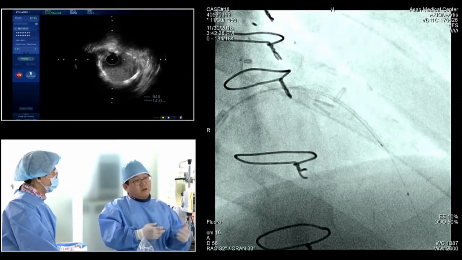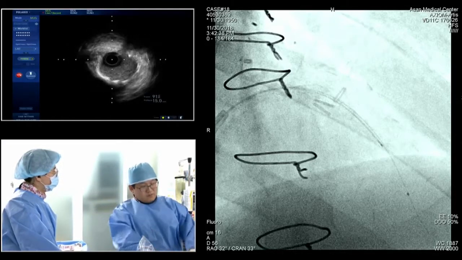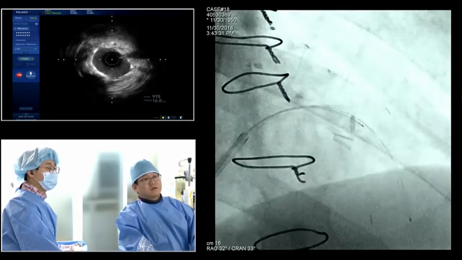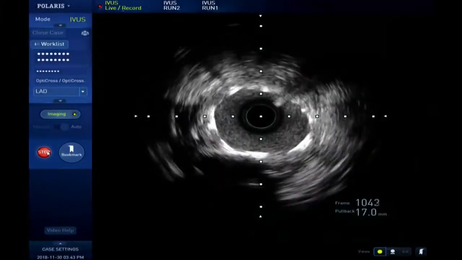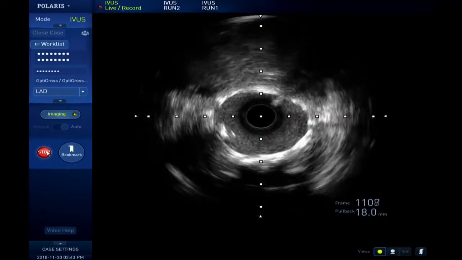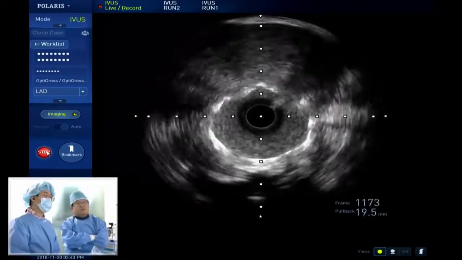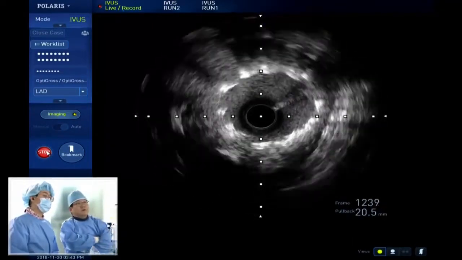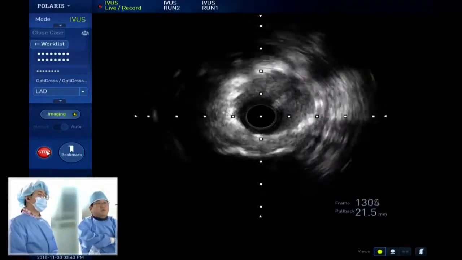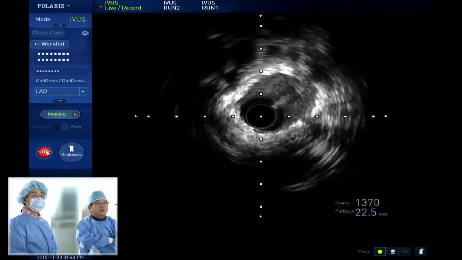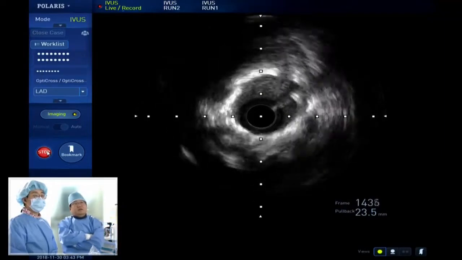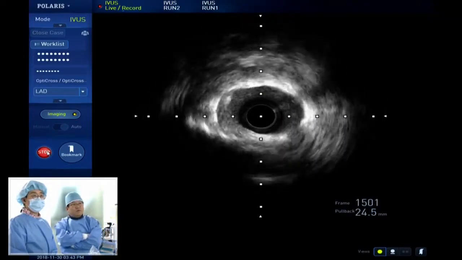Would you show us the IVUS? IVUS findings, great. Here is the area, 12 o'clock. Still under expansion of just the proximal part. Yes, I can apply the 4.0 high pressure balloon.